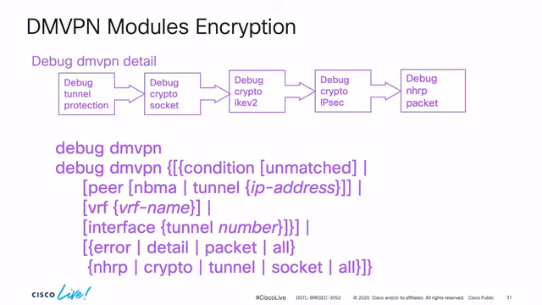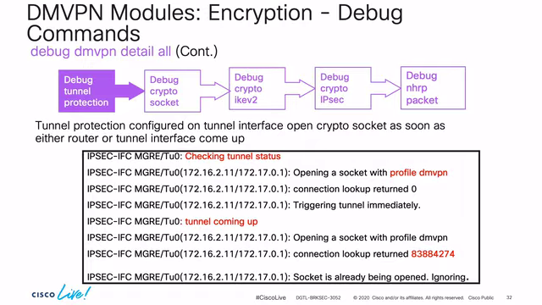So let's take a look at how each one of these debug outputs actually looks, and what is interesting for us as far as the debug output is concerned. As I said earlier, the first debug which gets turned on is debug tunnel protection.